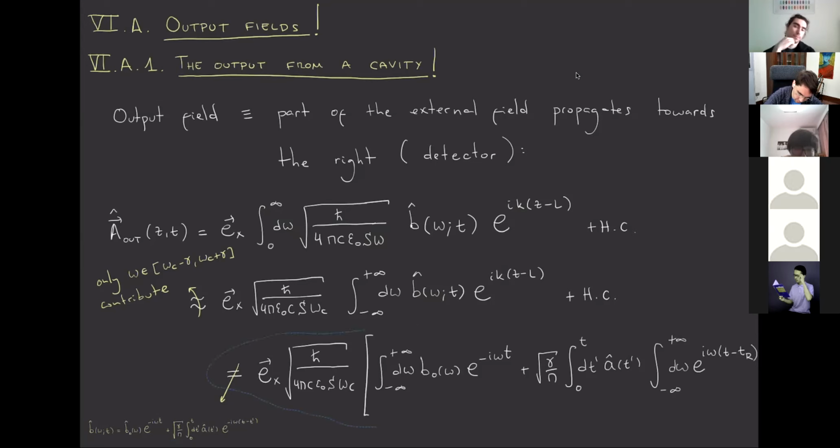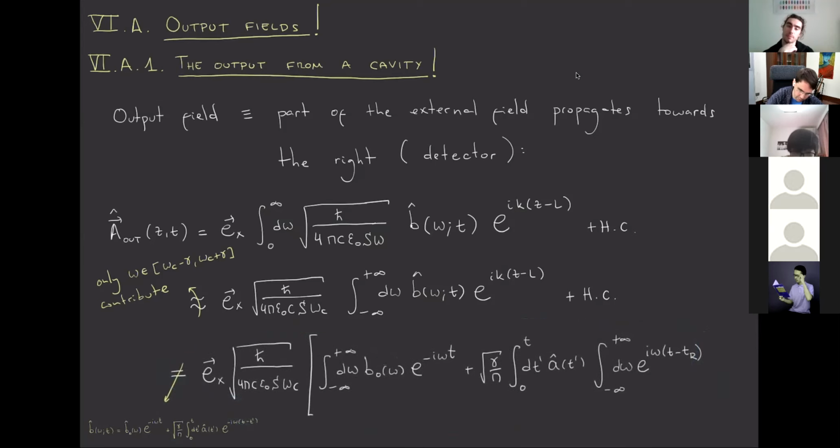Let me tell you what t_R is. Just note that when we take minus i omega t minus t prime and combine it with this exponential factor in here, t_R is the factor including the plane wave in time.